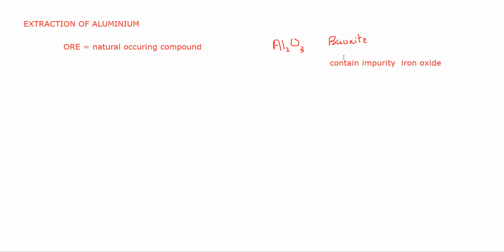So it is not pure. First thing, we have to remove iron oxide from aluminium oxide.